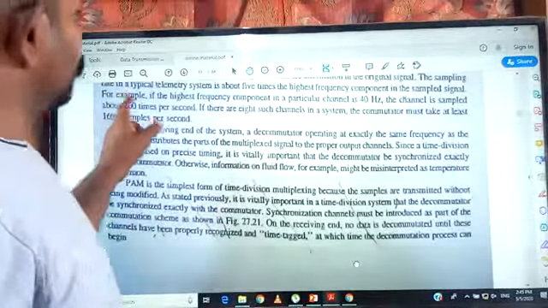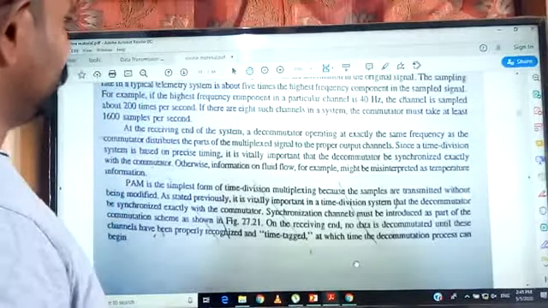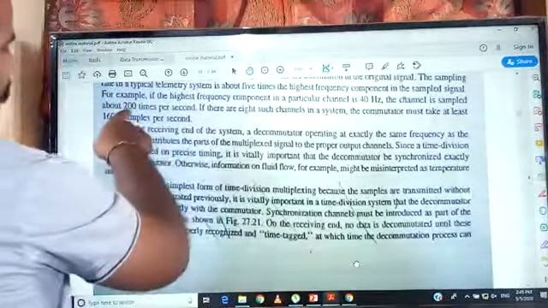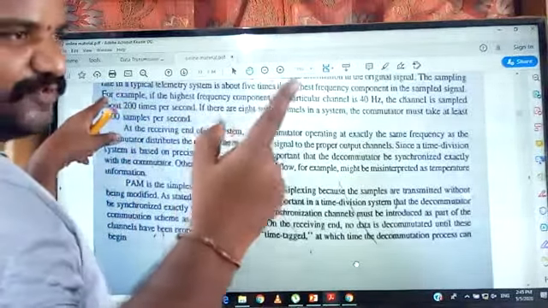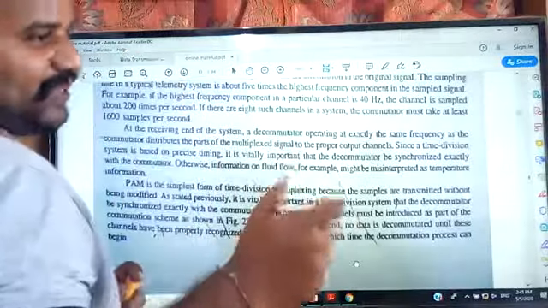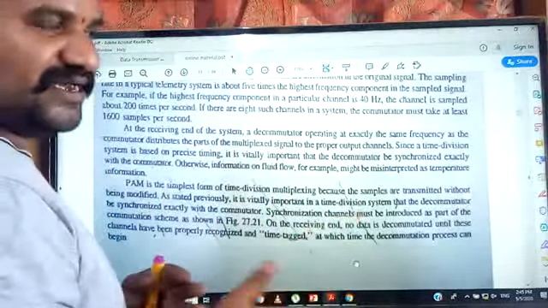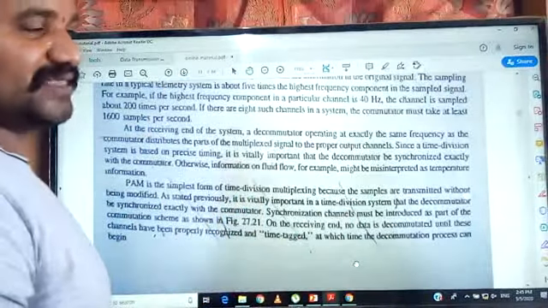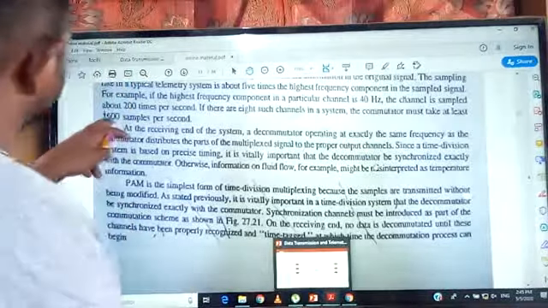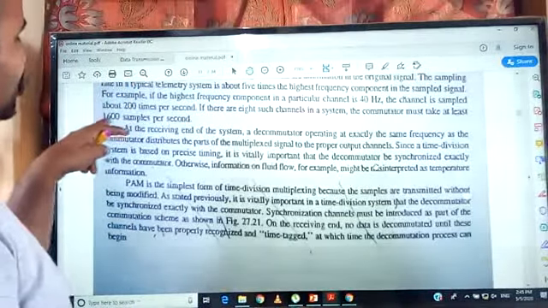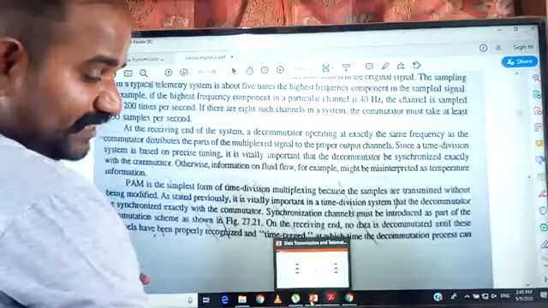Likewise, if we have 8 channels, each channel is sampled 200 times per second. Total samples passing through the communication path is 8 into 200, which is 1600 samples done by this commutator.